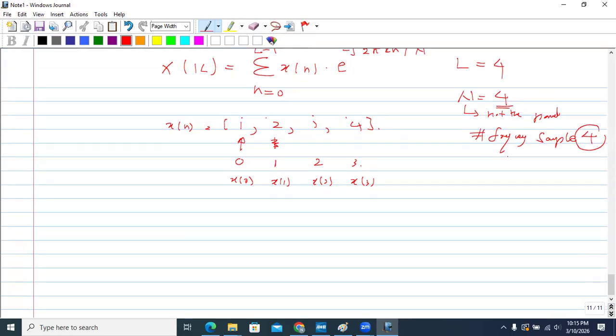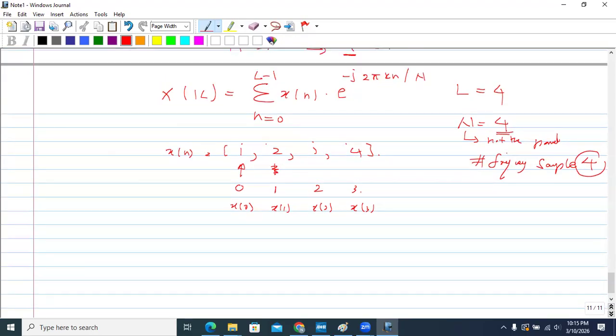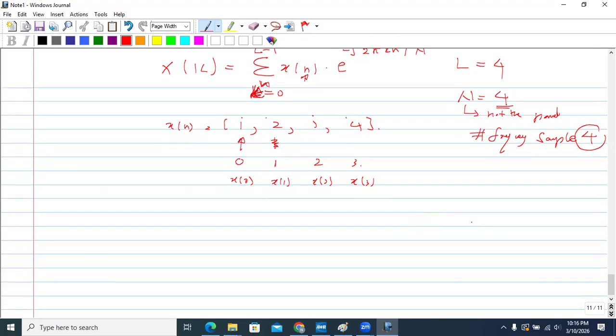So this should be K, and here it is n, from 0 to L minus 1. Now the K value should be 0, 1, 2 up to N minus 1.